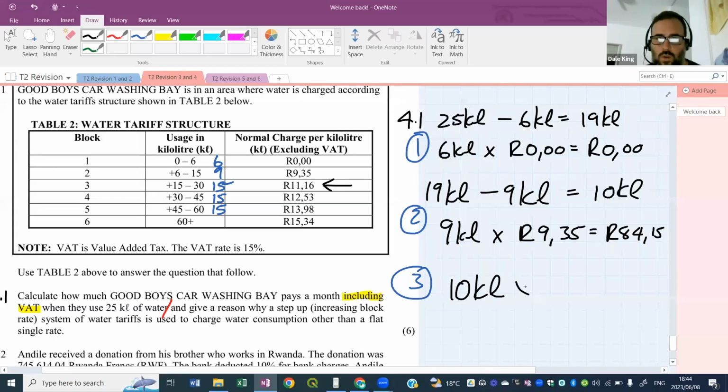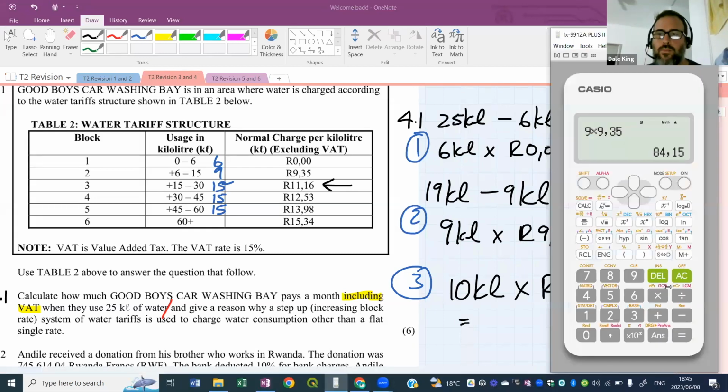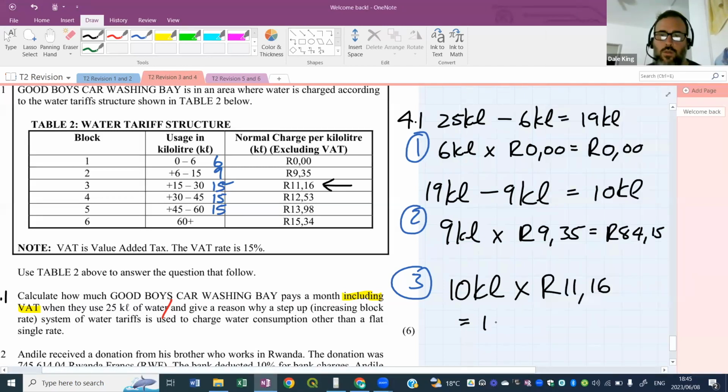All of this water must get charged at the block 3 rate. So it's 10 times 11 Rand 16. And that gives us 111. Of course it does. You didn't need a calculator for that, but it's fine. The calculator must work for us. All right, so there we go.